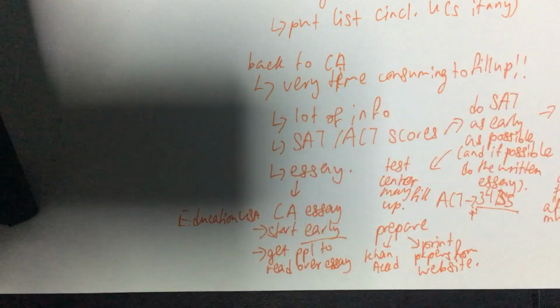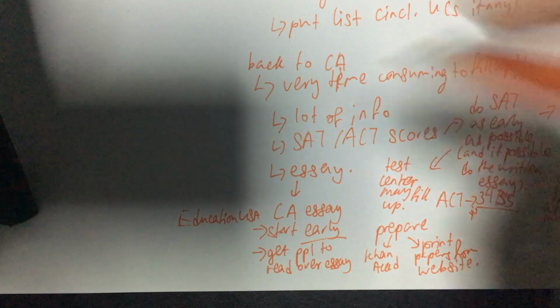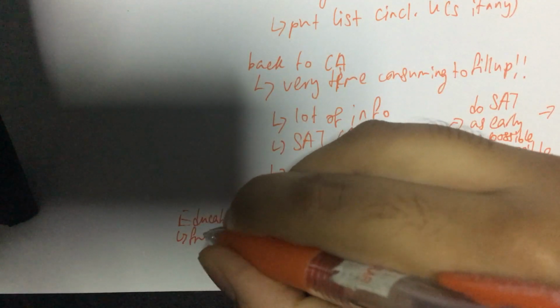But I hope not too many people go and bombard them, because I think they're already quite busy caring for their own students. So yeah, just don't bombard them. But if you're lucky, you can get some help from them, and it may actually be quite helpful. You can get some pointers on how to improve your essay, or what to omit from your essay and things like that.